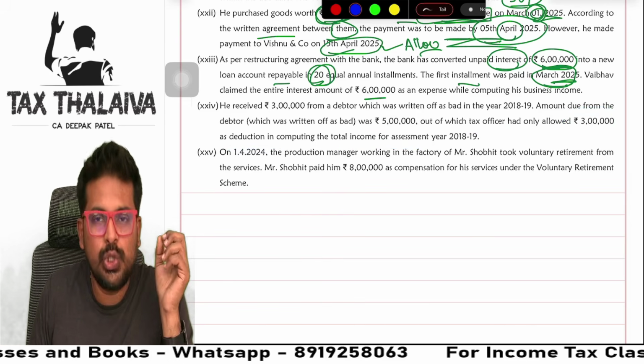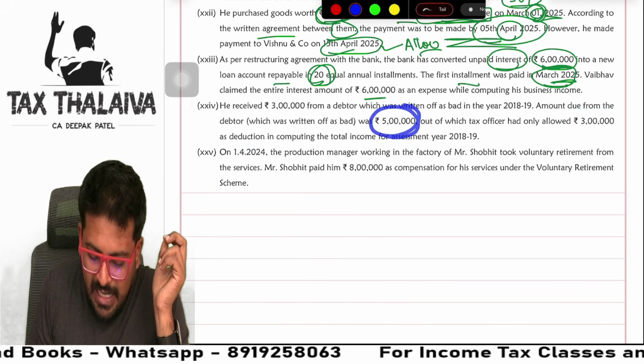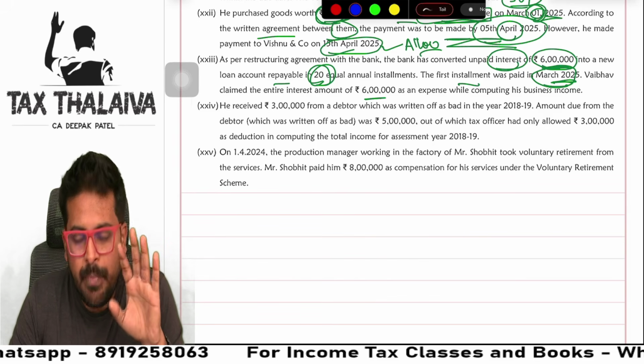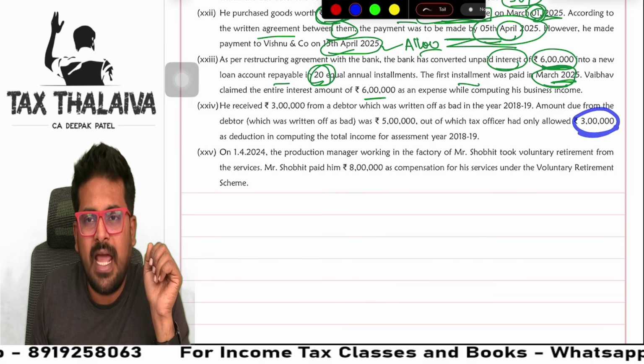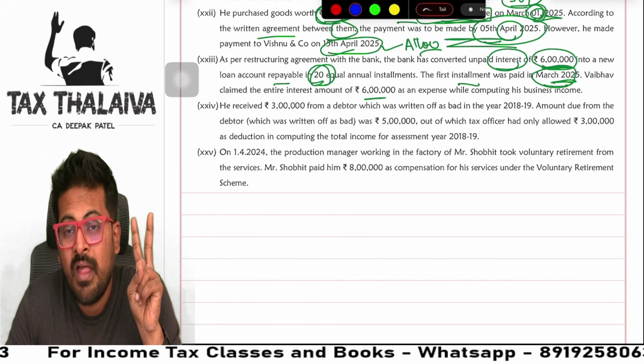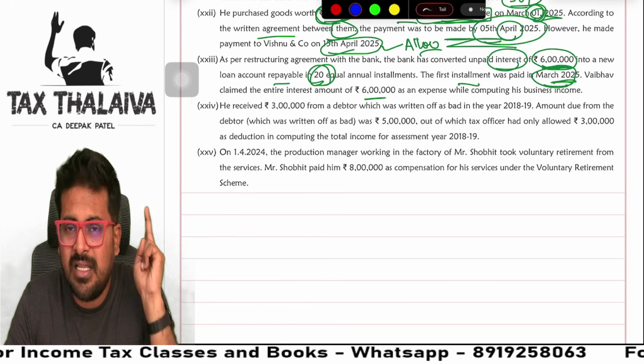Guys, totally 5 lakhs bad debt was there in the earlier year. Out of 5 lakhs bad debt, the tax officer allowed only 3 lakhs. Means 2 lakhs was disallowed that year. Means on 2 lakhs you already paid tax in the earlier year.